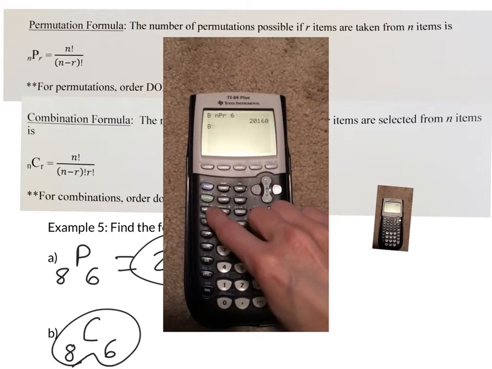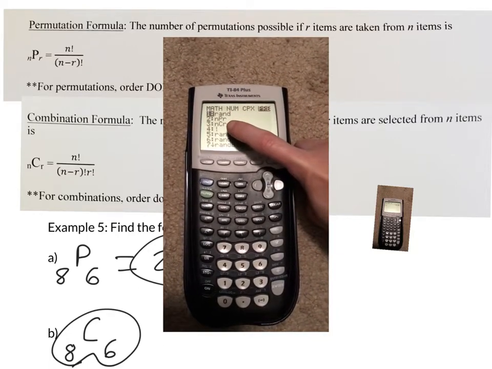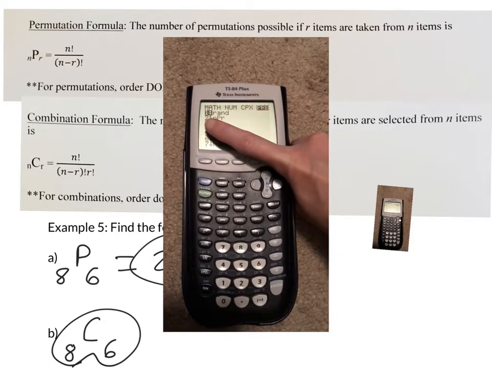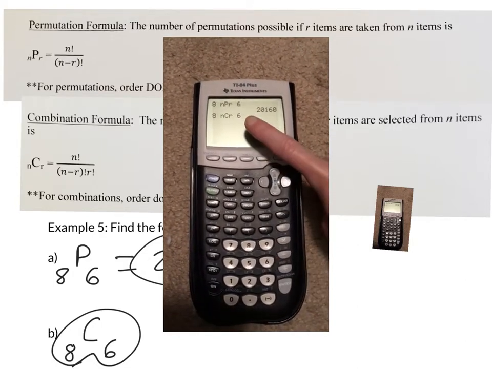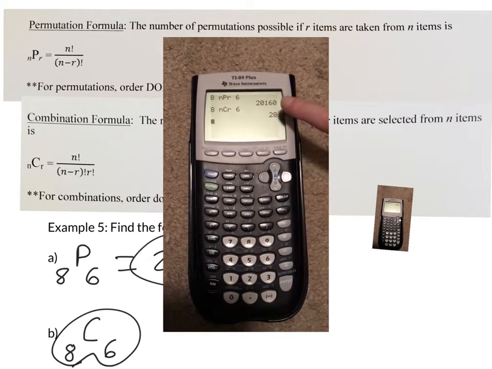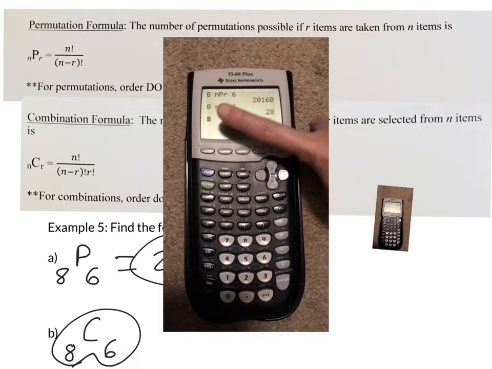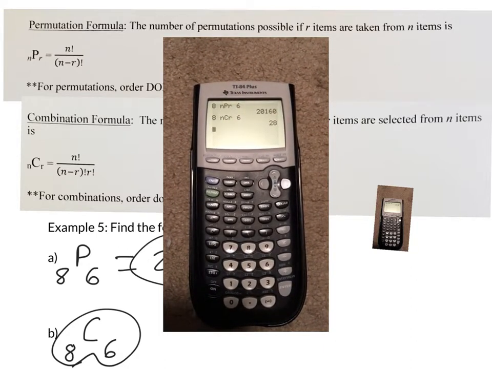I hit the good old math button. Go over to PRB. Combination NCR is option number 3. So I choose the 3, type in the smaller number at the end, 6. I hit enter. See how it's a totally different answer than permutation? So 8 choose 6 would be just 28 for the final answer.